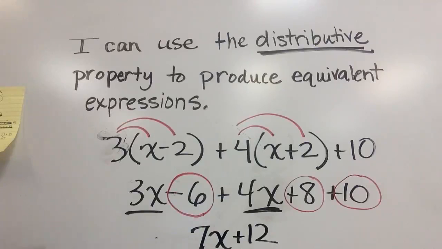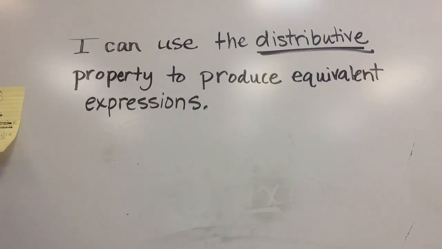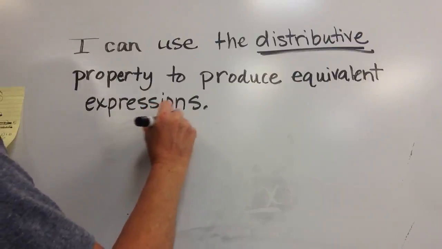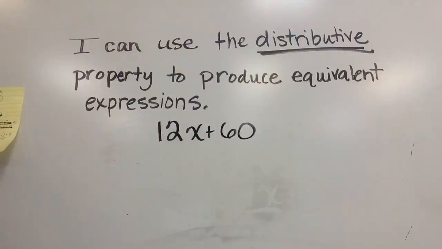We'll move on to another example. If you're given the expression 12x + 60 and you want to determine other expressions that are equivalent to this, you can use the distributive property to see which ones are equivalent.